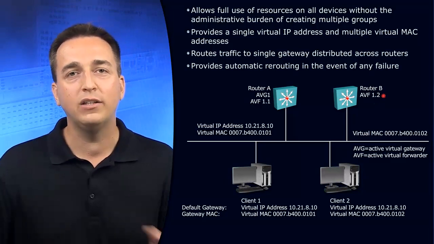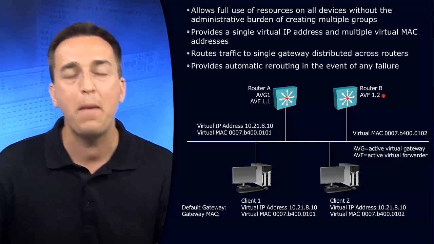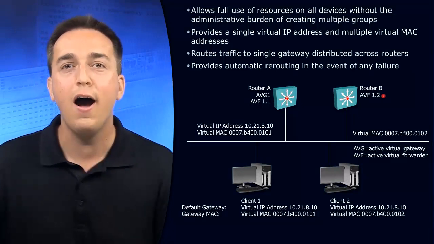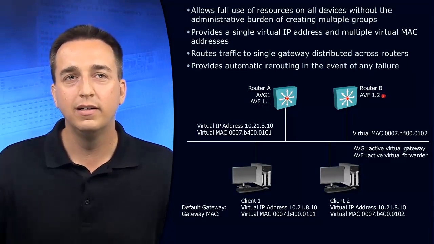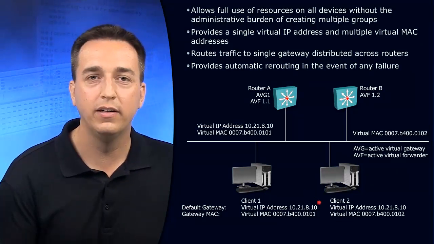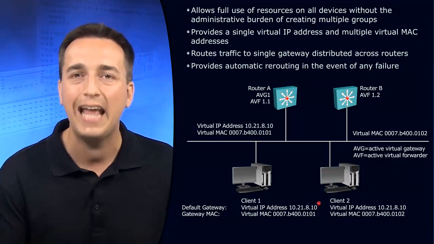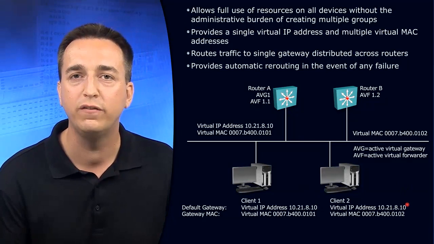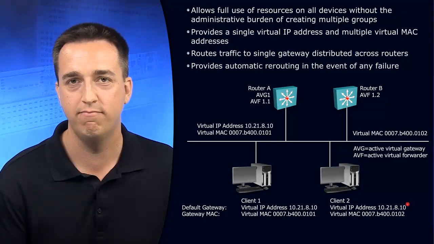So each of the active virtual forwarders get a different MAC address for the same IP address. And if you examine the clients, they have the same IP address configured, exact same.